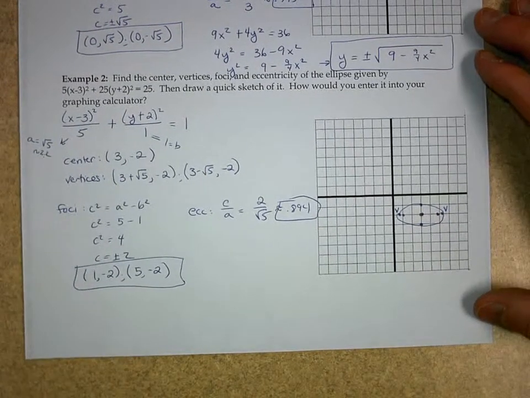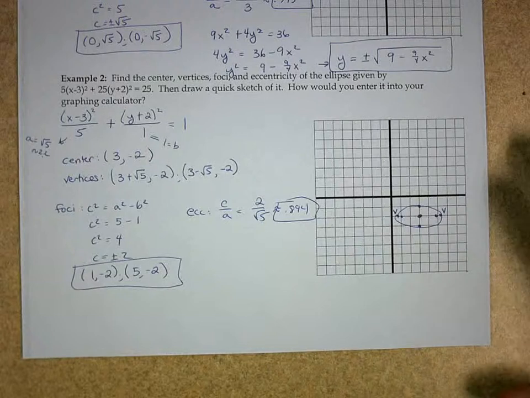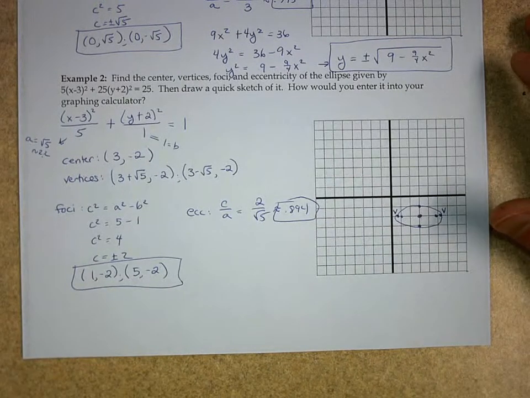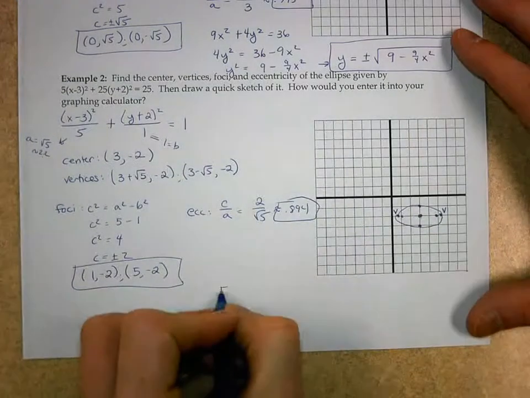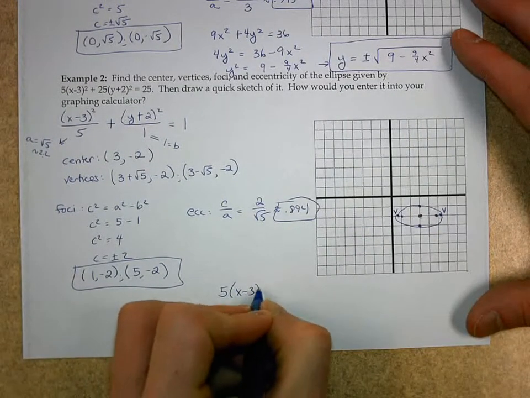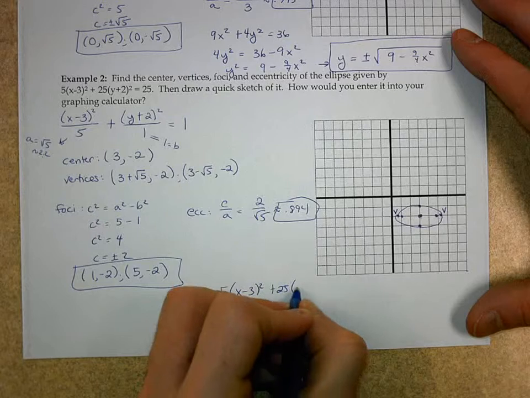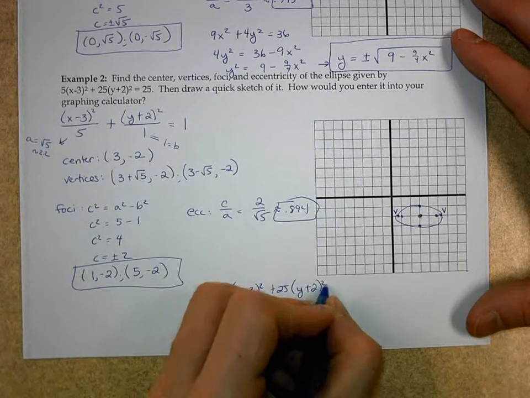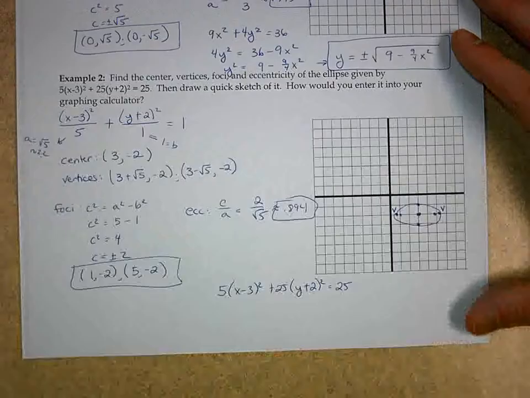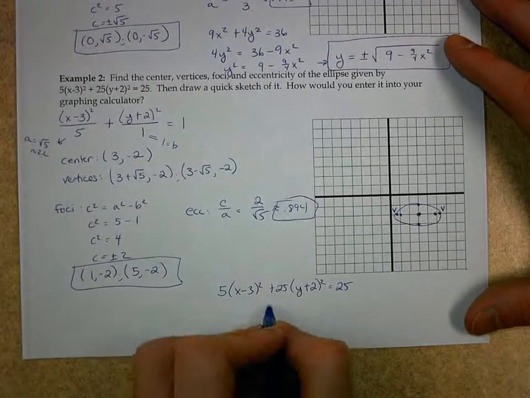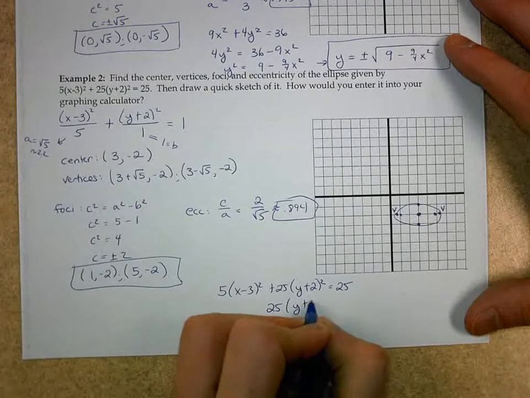The final piece then is, how would I enter this into my calculator in rectangular form? A couple ways you can go about doing this, but the easiest way is to take your original equation and solve for y. So first thing, if I'm going to solve for y, is I'd move my x quantity to the other side.